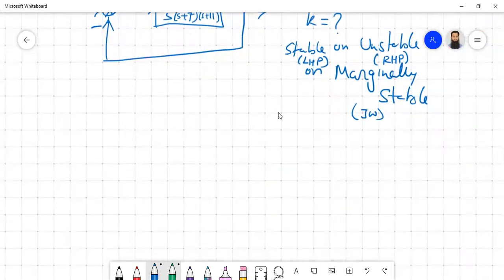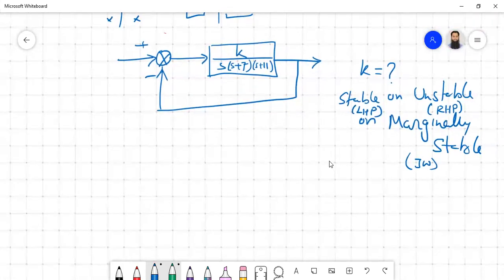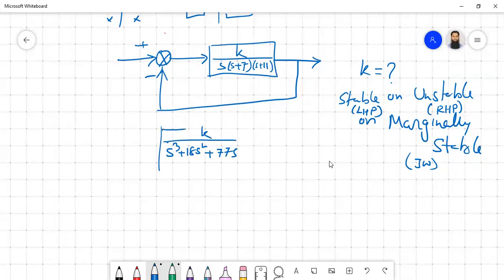So basically, if you multiply the denominator, it will be s square plus 18 s plus 77, into s, so the whole thing into s. So basically, s cube plus 18 s square plus 77 s, and K is your forward gain.